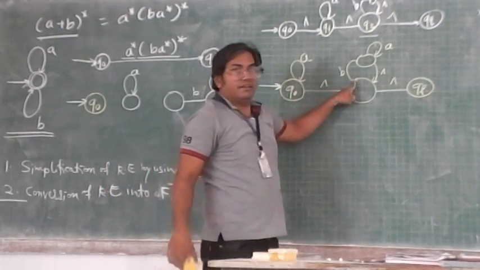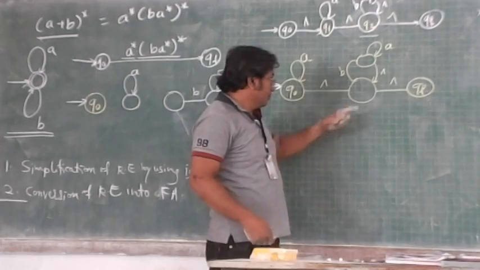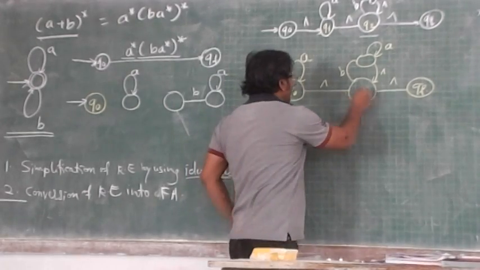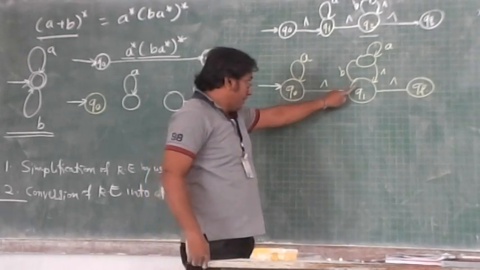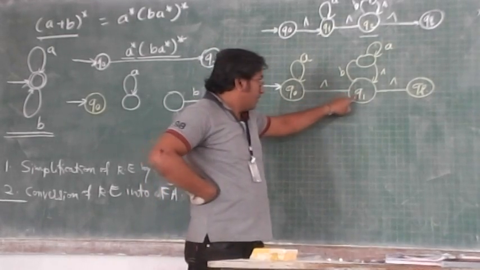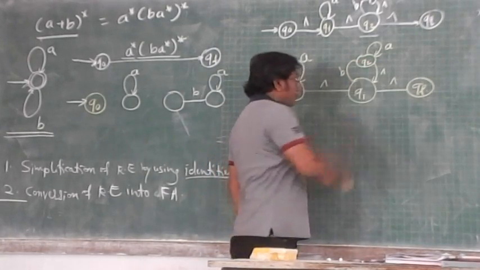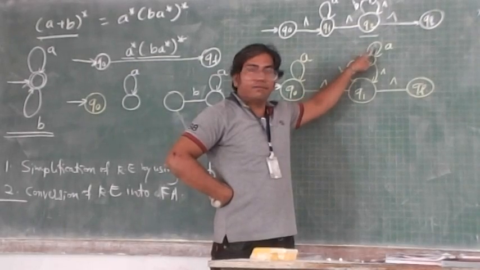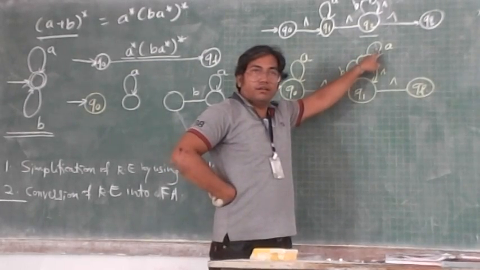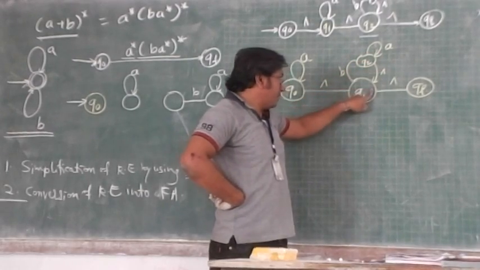So let's try to remove this null. See what is happening here. I will say this is Q1 at this point. Being at the Q1 state, with B I am able to reach this state, suppose Q2, and being in Q2 I am able to produce 0 or more A's, and then with null I come back to Q1.